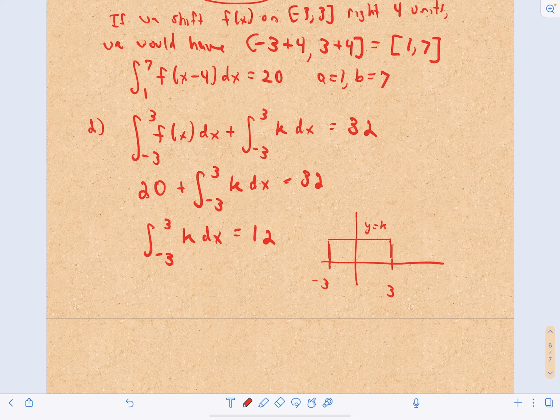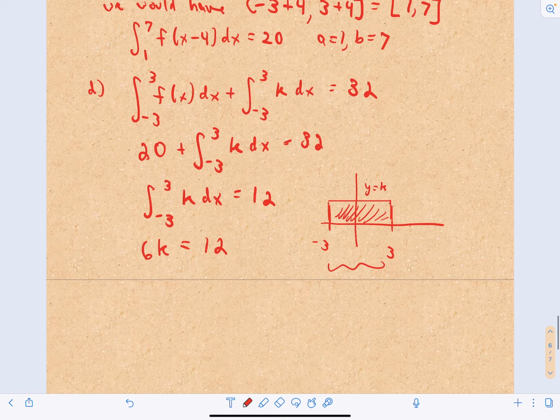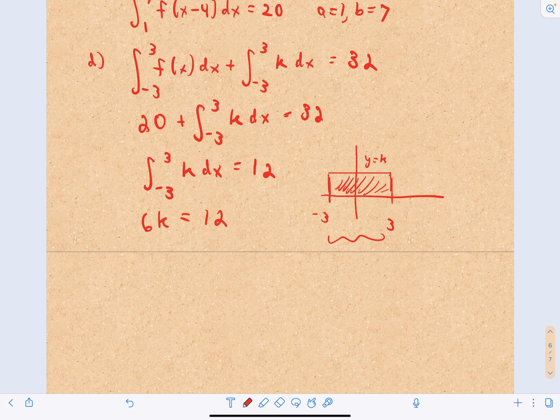Well, when I compute this definite integral from -3 to 3, I'm just getting the area of a rectangle. So it's going to have a width of 6, right? We'll go from 3 up to -3. The height is going to be equal to just k. So the definite integral is going to have value 6 times k. We want that to equal 12. Just divide both sides by 6, and we'll get that k equals 2.